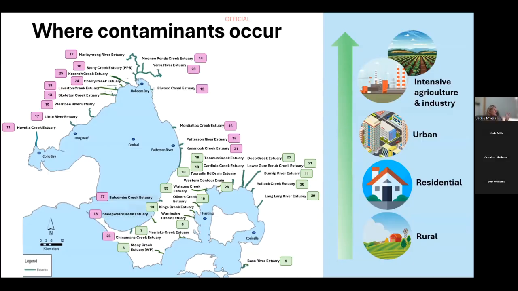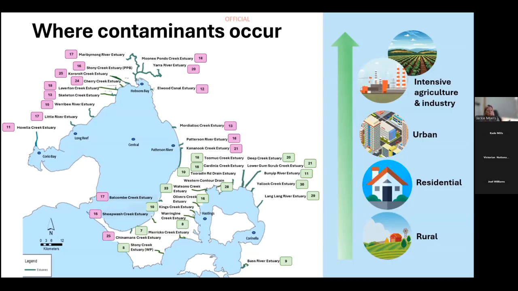When we look at these numbers of contaminants and where they're occurring, we can start to look at potential sources of the contaminants. We can also identify catchments where we may want to do further work because we're seeing a lot of different things occurring in them.